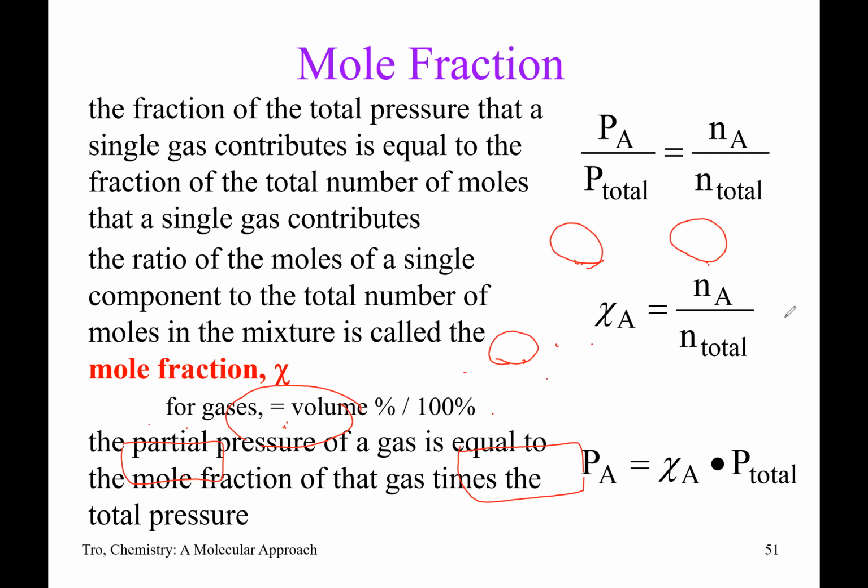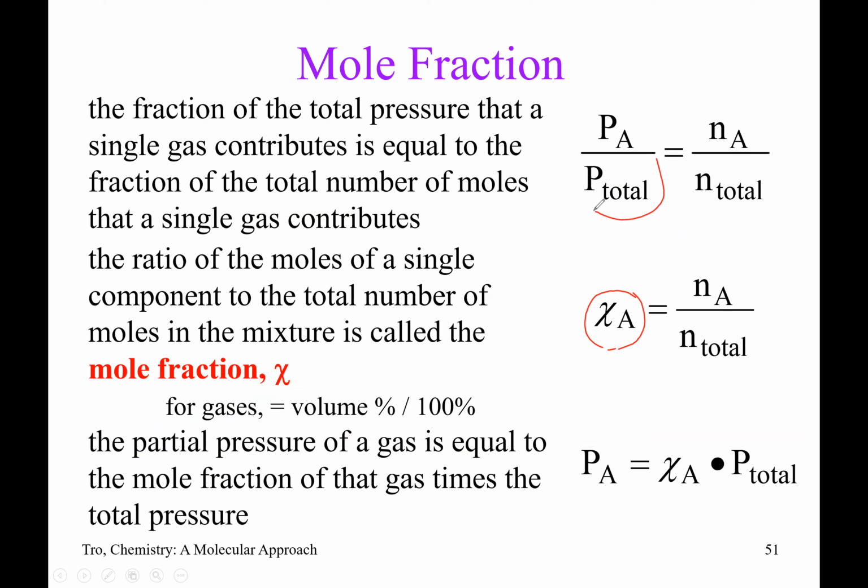If we have the total pressure, we can also find the partial pressure, because the total pressure is coming from the total number of moles, and the partial pressure from the number of moles for each gas. So if we calculate the mole fraction, basically the partial pressure is a fraction of the total pressure, and the partial number of moles is a fraction of the total number of moles.